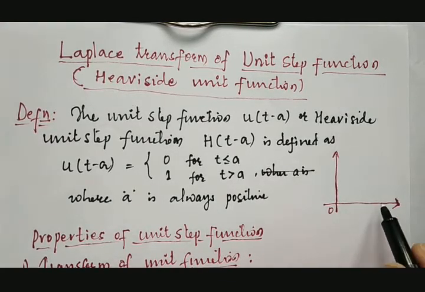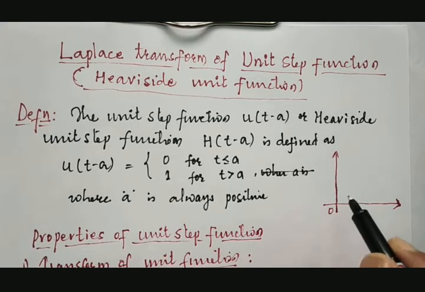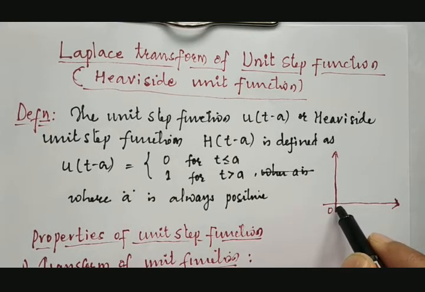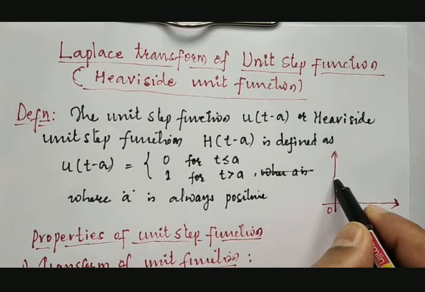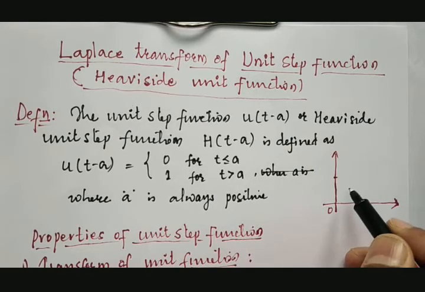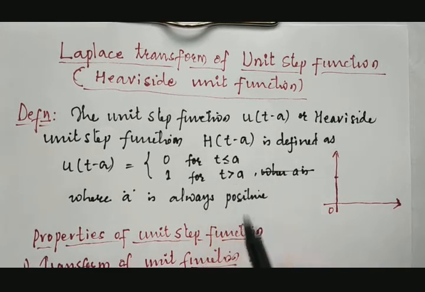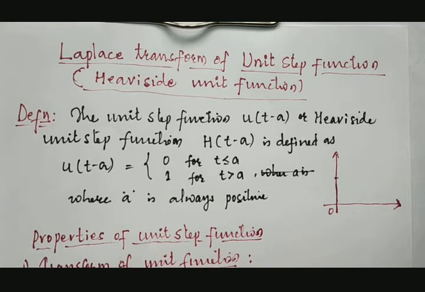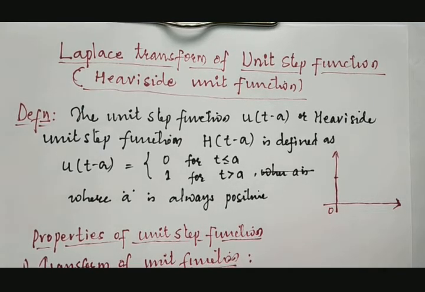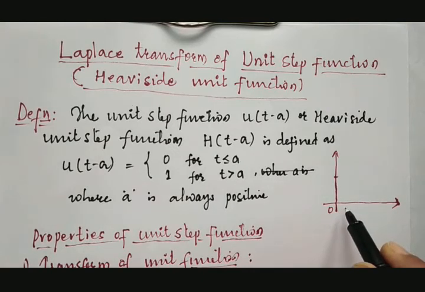If we take the x and y axes, where O is the origin, this is 0 and this is 1. If t is less than or equal to a, then the value becomes 0.